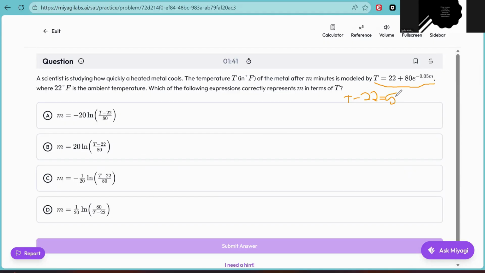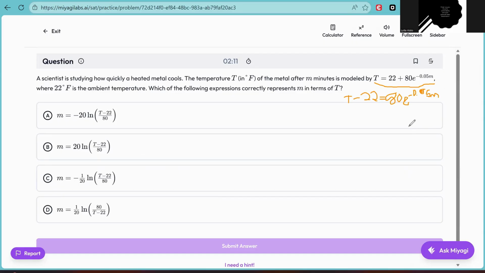I hope my handwriting is not as horrible as it is, because I am on a PC, which is really quite difficult to write on. So bear with me. Okay, after we have that, we want to isolate that exponential function.